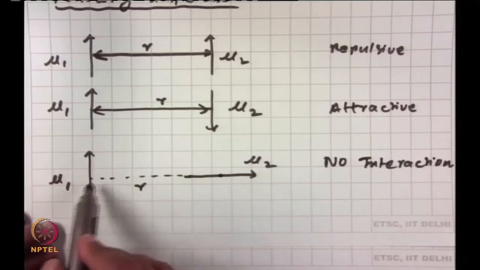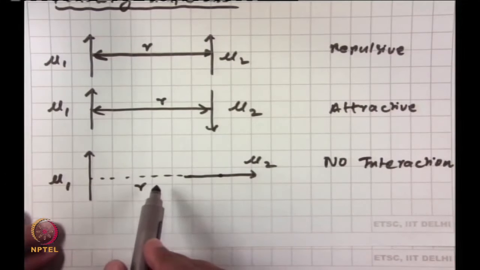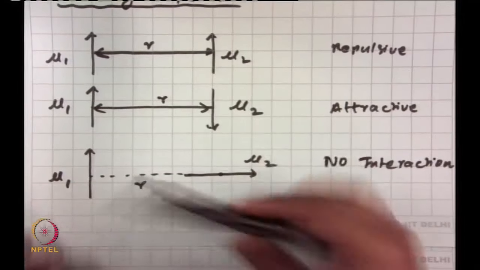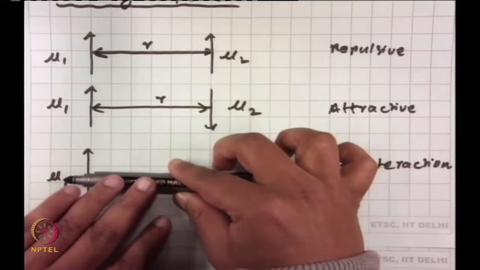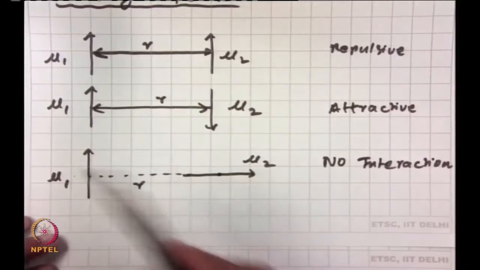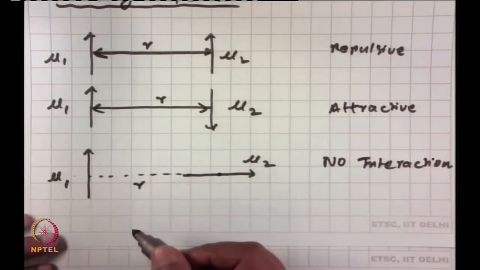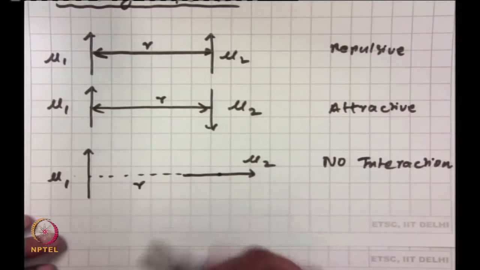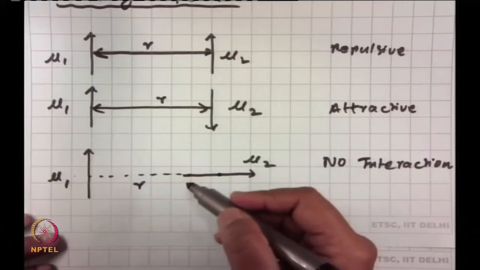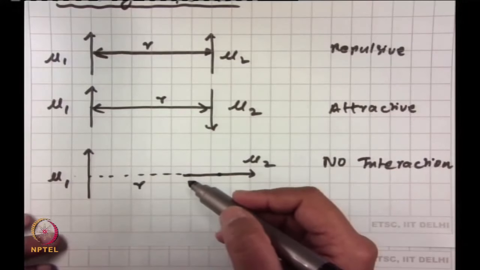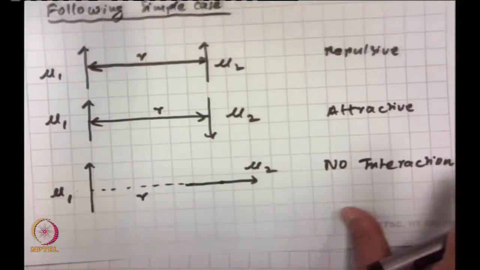What is theta 12 here? It is not 0, it is 90 degrees, right? Because you extend it like this, it is 90 degrees. So what is cosine of 90? 0, okay, and then you can figure out how it comes out, right? So I have already given a hint. These things in the exam you should be able to figure out by yourself and write down the respective interactions, right.